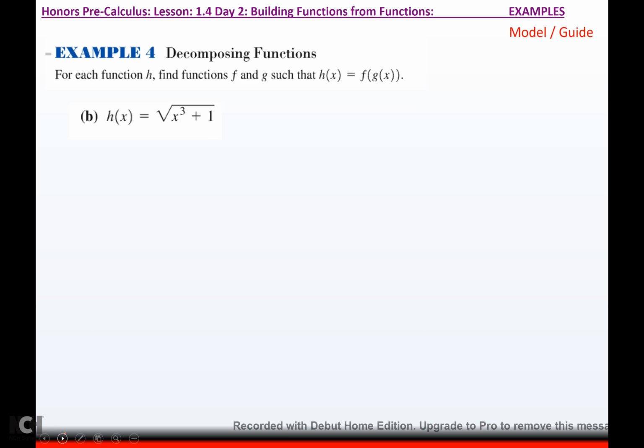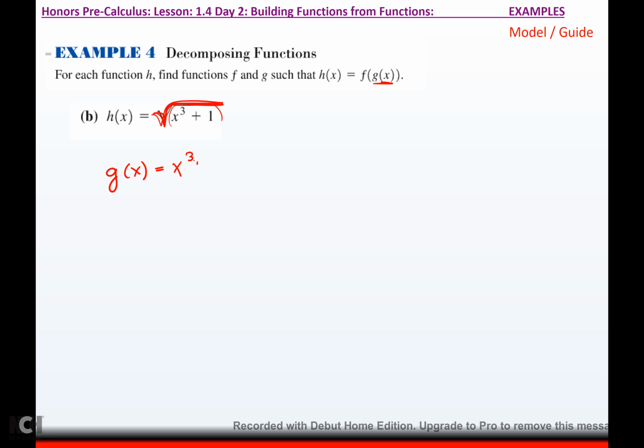Alright, so here's what I do to make it simpler. Basically, you find the grouping symbols, okay? And this is the grouping symbol. It's a square root function. And so the innermost part, the g of x, is going to equal what's incorporated inside that grouping symbol. So my g of x is whatever's inside.